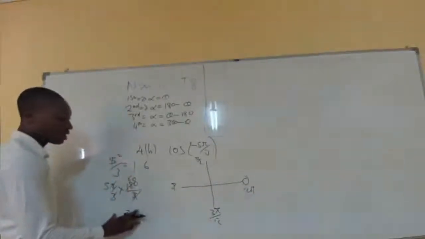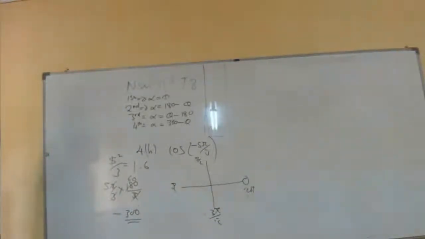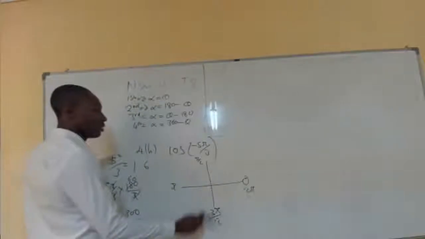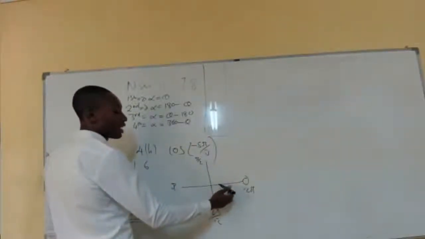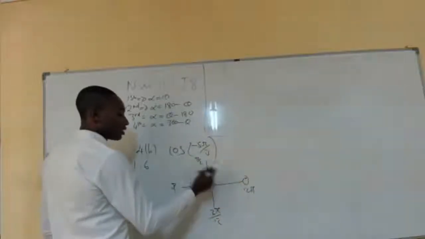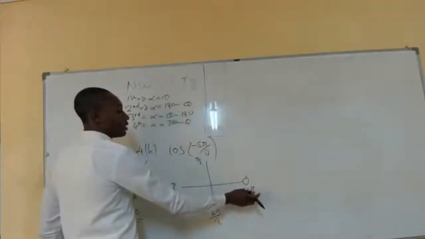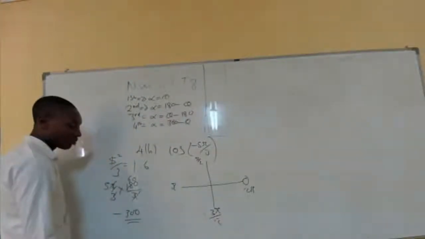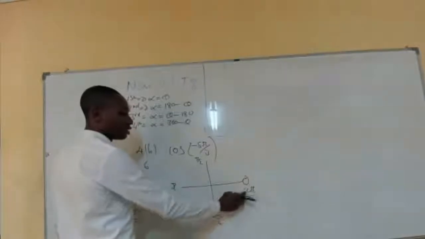But now it has a negative. Because of the negative, you are moving anti-clockwise. So where is 300? 300 is between 270 and 360, so since we're dealing with pi, it's between 3 over 2 pi and 2 pi.